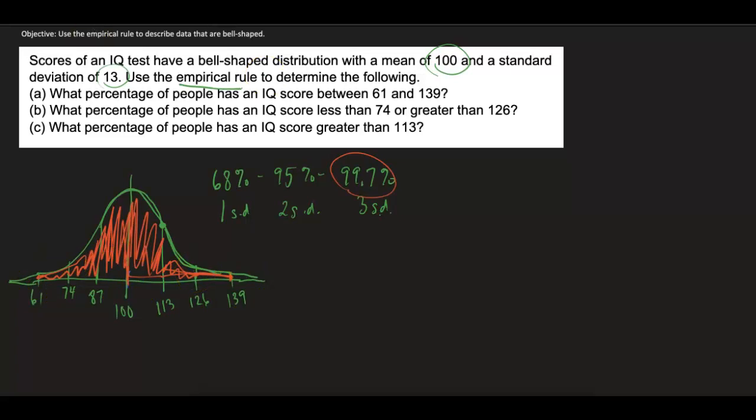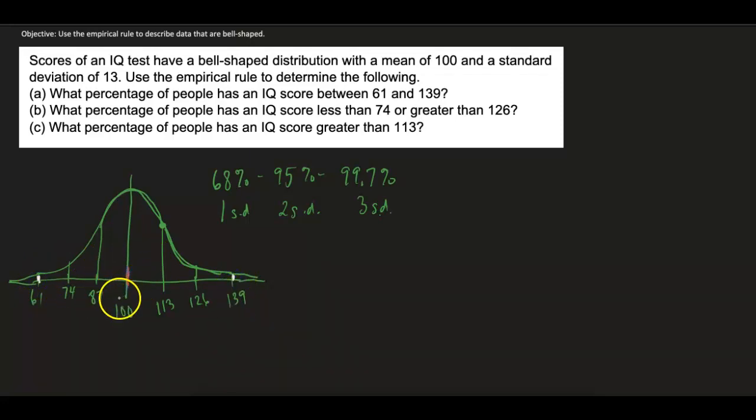Okay, so let me redo my sketch real quick. So now let's analyze what some of these questions are asking, where it says, what percentage of people has an IQ score between 61 and 139? Now, again, the nice thing about taking the time to set up your bell curve is you just identify where is 61, where is 139.